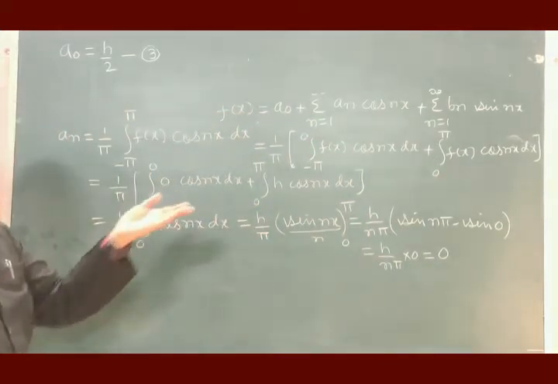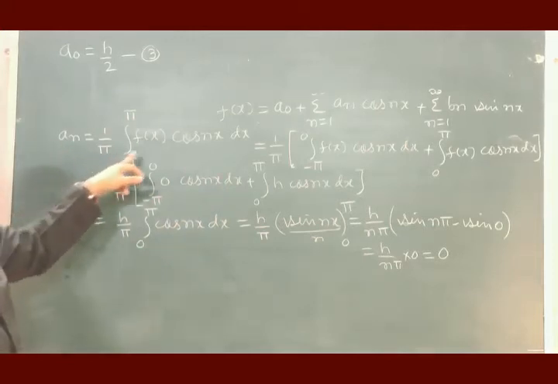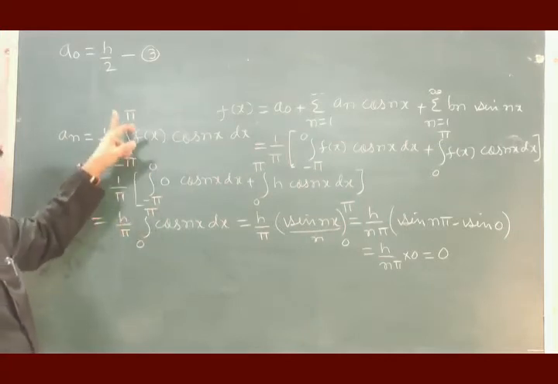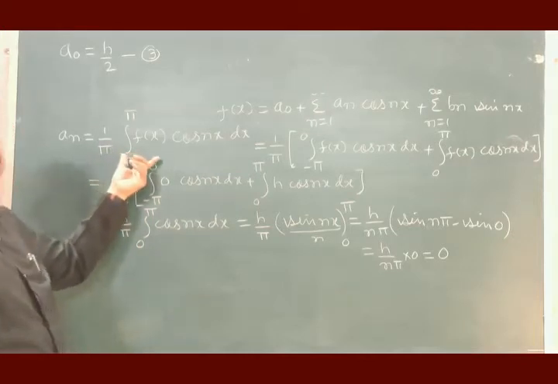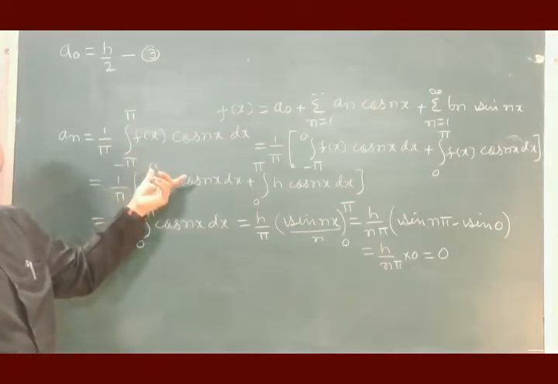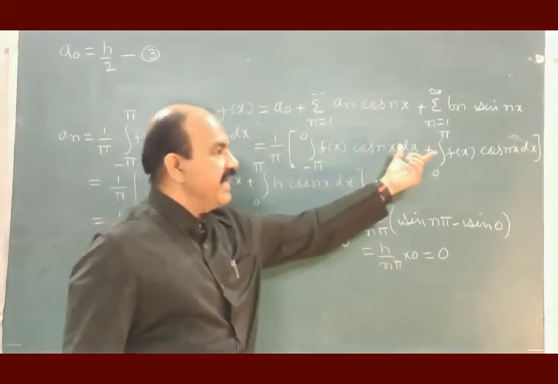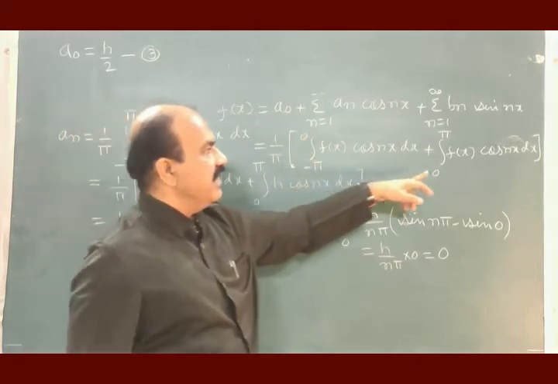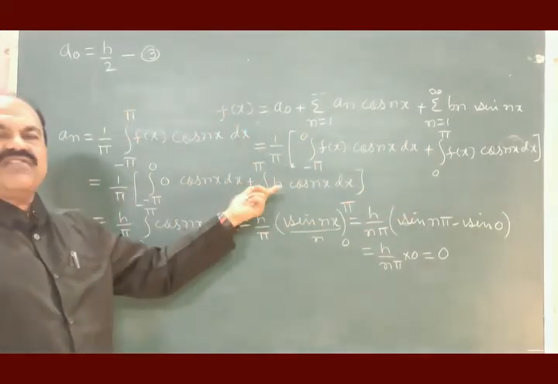So here we evaluated the coefficient An. First we wrote the formula 1 by pi into integration from minus pi to pi f of x cos nx dx. This is split into two intervals from minus pi to 0 and 0 to pi here and here. Then put the value of f of x for this interval and for this interval to get this equation.